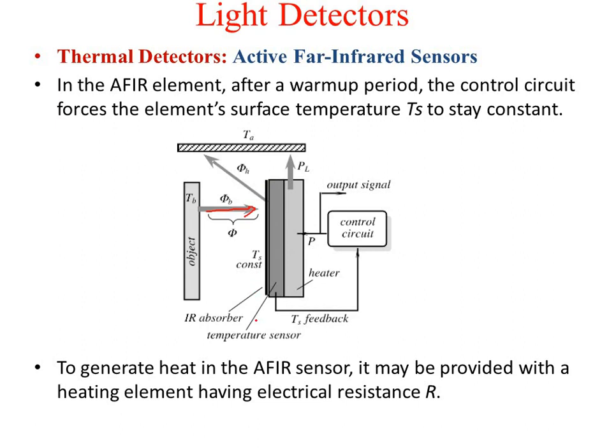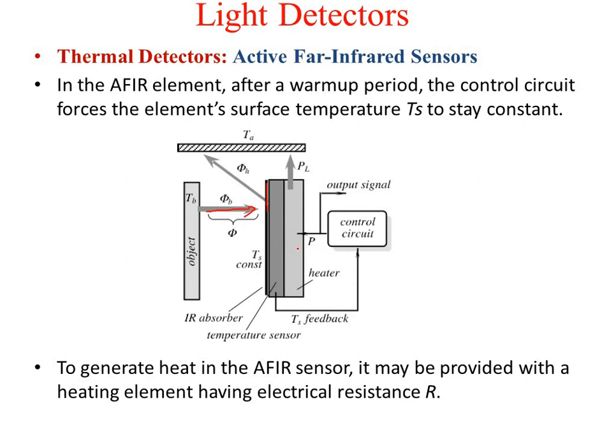This is the thermal IR absorber, the dark line you can see, which is nothing but an IR absorber. Below that IR absorber there is a thermal temperature sensor, and below that there is a heater, which is controlled by this control circuit.